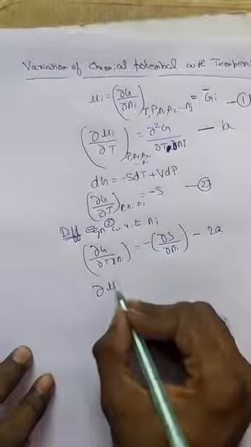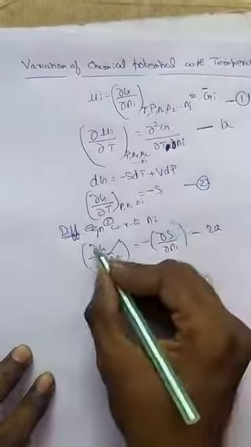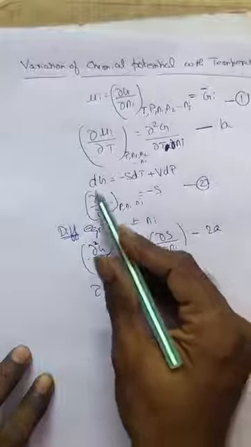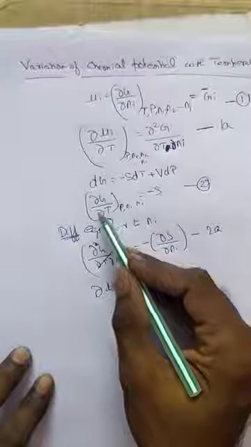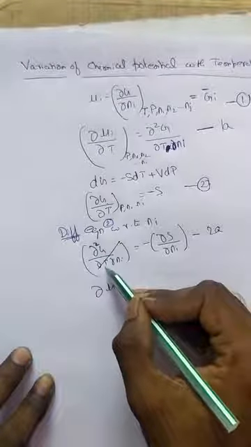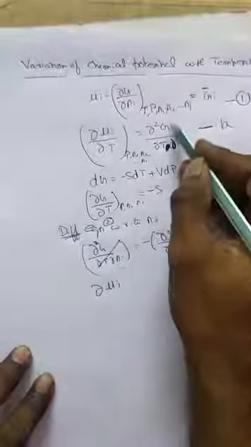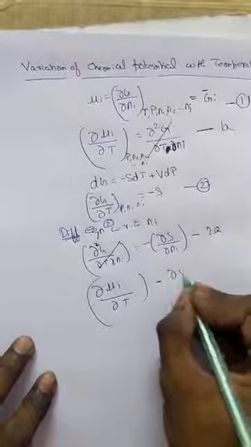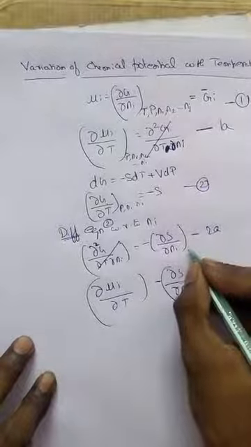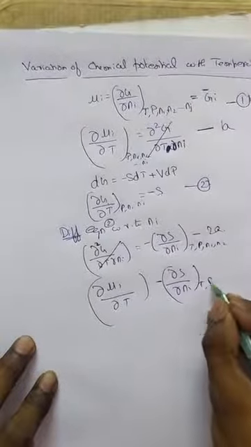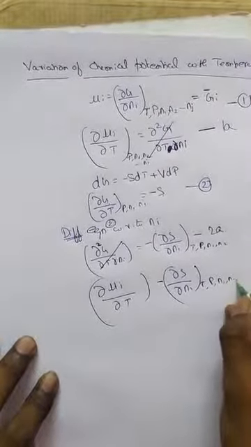When I compare, the ∂²G/∂T∂Ni terms will get cancelled, so ∂mu i/∂T would be equal to minus ∂S/∂Ni, at constant temperature, pressure, and number of moles of the other components.